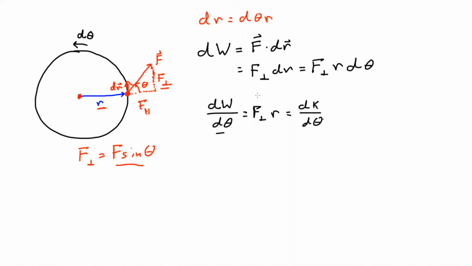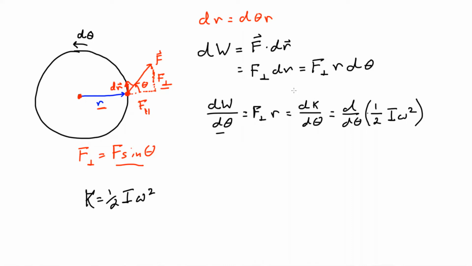And the kinetic energy for this wheel, K, is 1/2. Let me write it down here. K equals 1/2 I omega squared. So dK/d theta equals d/d theta of 1/2 I omega squared, like that.